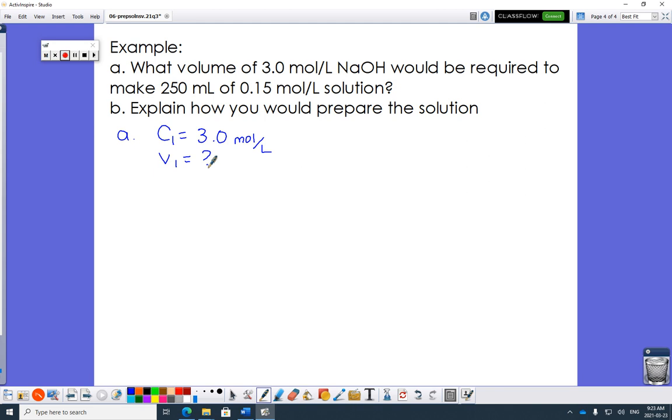Even if you don't put 1s and 2s, as long as you know I'm trying to find how much of the 3 molar I'm going to use when I'm trying to make less concentrated, more volume. That can sometimes be a little bit weird, but if you think about it logically, if I have more water, then it's going to be less concentrated.